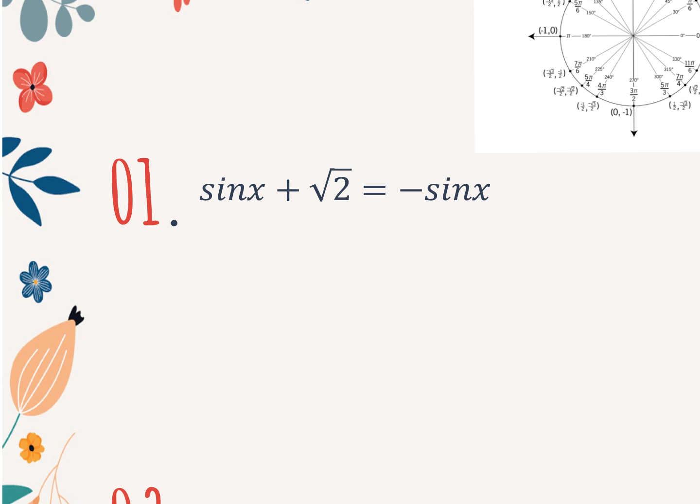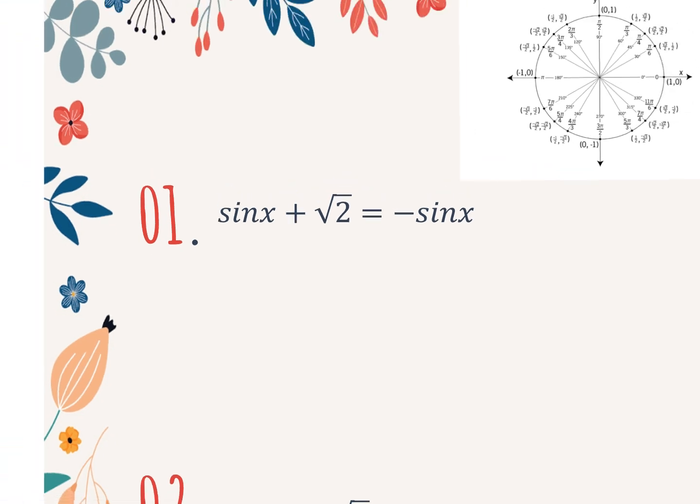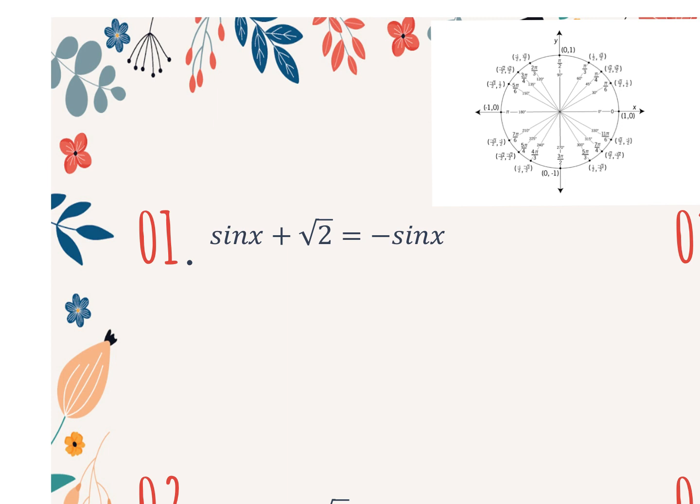So what we're going to do here is, notice I added a picture of a unit circle because I'm going to be using this. I need to try to isolate the trig function. So I'm going to get my sines together. I'm going to add sine x to both sides.